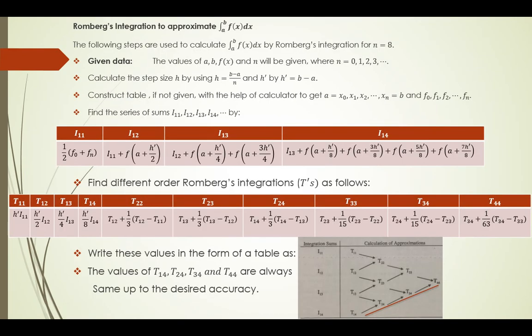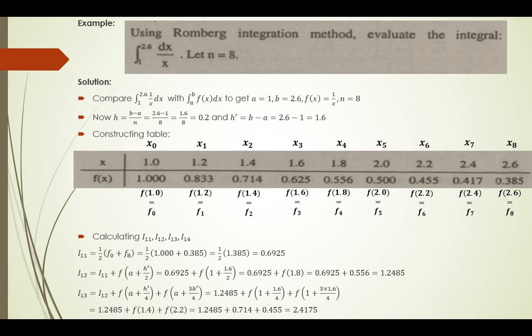Now let us start to solve an example with the help of Romberg's integration. In this slide, let us start to understand the idea of Romberg's integration with the help of an example.